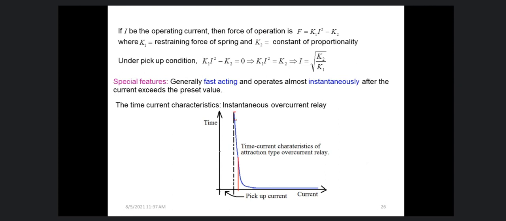After that, the operating time comes down. But the difference between these two currents is very low. That means within a very small difference from the pickup current, the relay will trip and it will take no time.